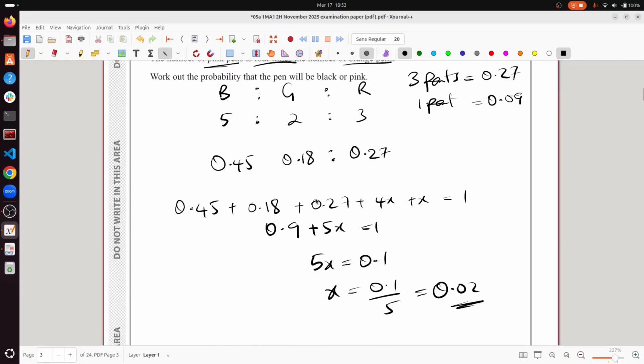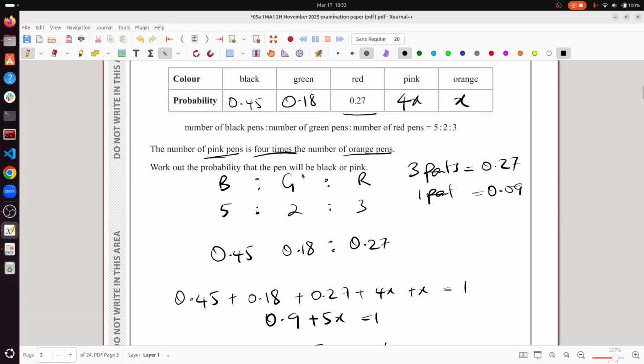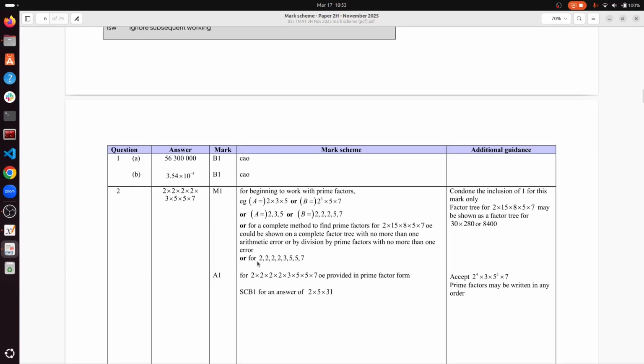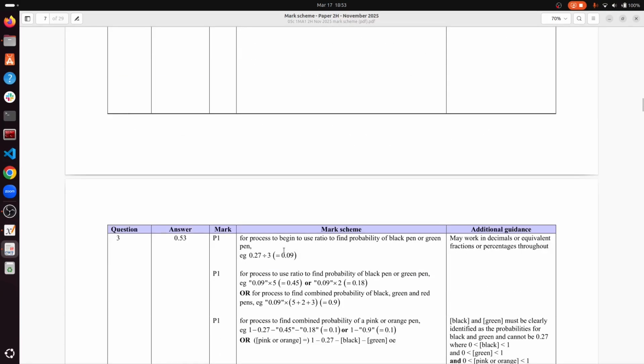So the probability that it is either black or pink will be 0.45 plus 0.08, which is 0.53. And that's my final answer. Let's look at the mark scheme. Number 3, that is 0.53, and that's correct.